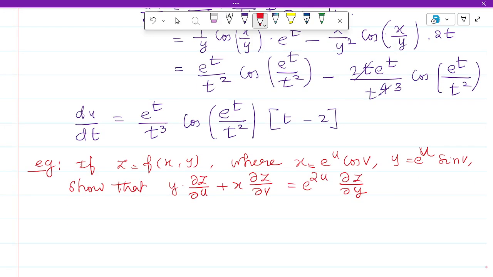So given, write the solution here. Solution.